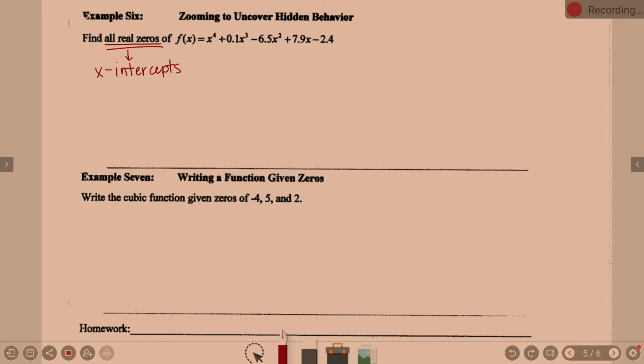It's hidden. The function is x to the 4th plus 0.1x to the 3rd minus 6.5x squared plus 7.9x minus 2.4.